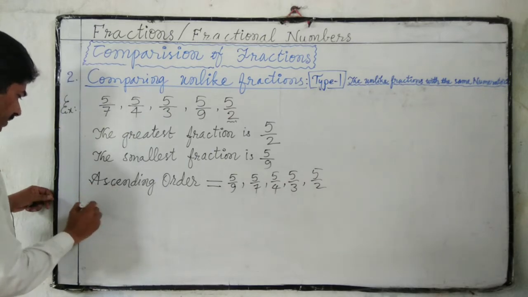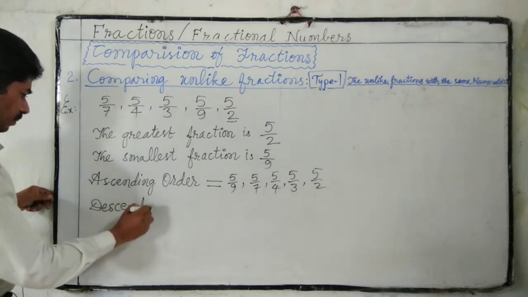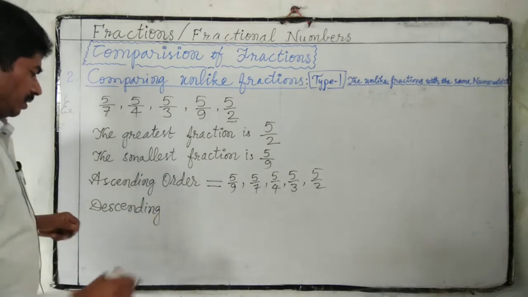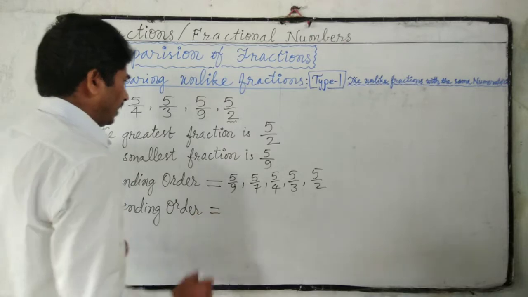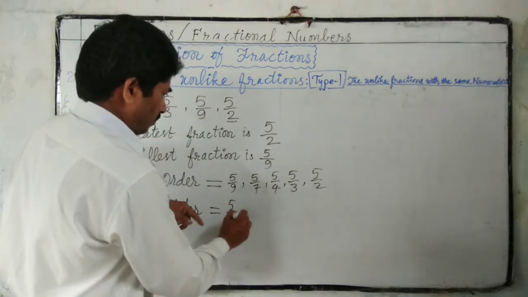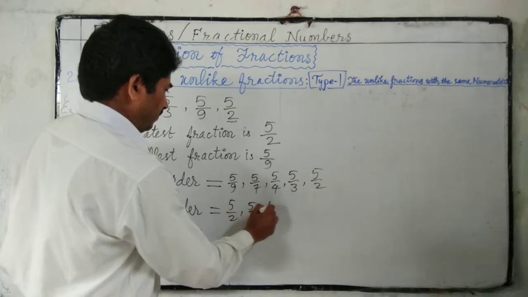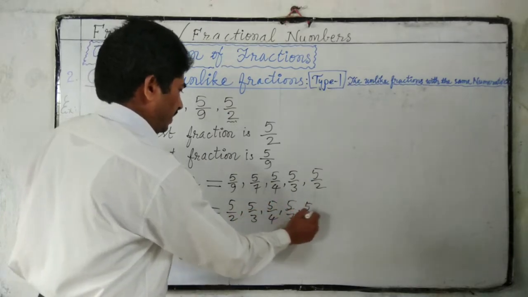Next, descending order. Big to small: 5 by 2, 5 by 3, 5 by 4, 5 by 7, 5 by 9.